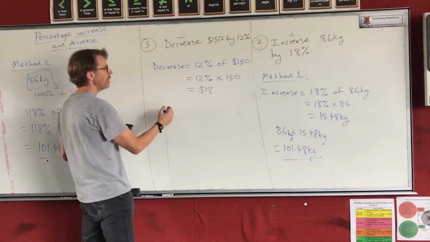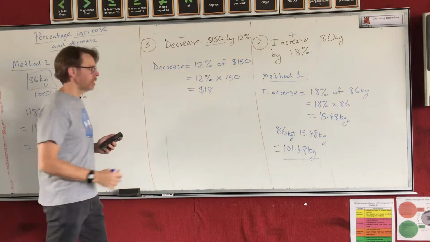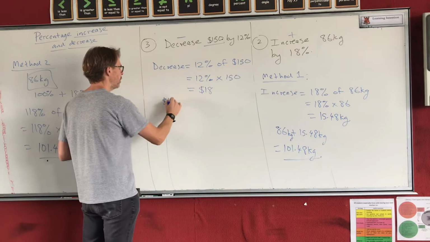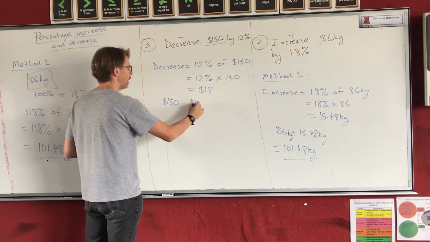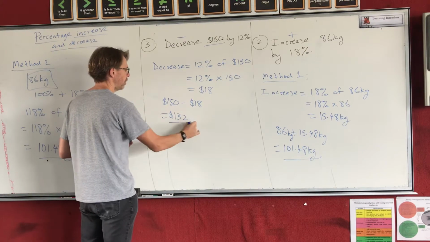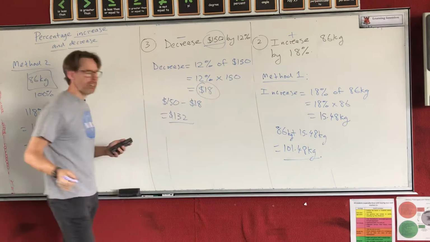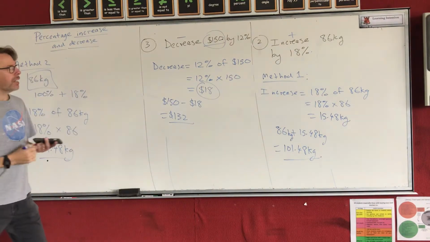So we're going to take $18 away from 150. $150 minus $18 is $132. That's your final answer. You're decreasing 150 by the 18. Now that's method 1.